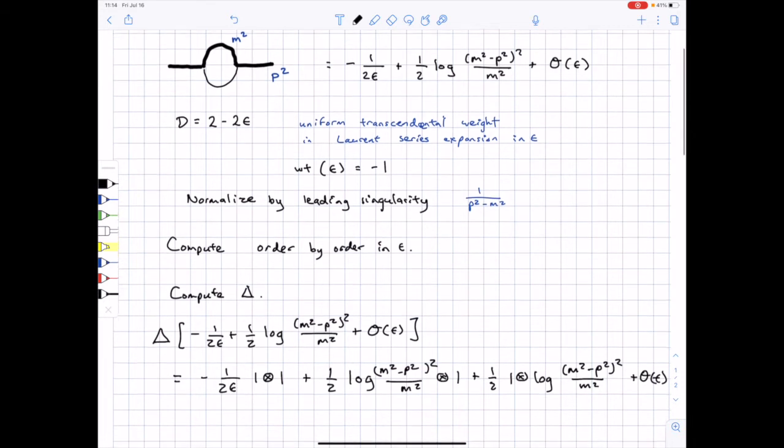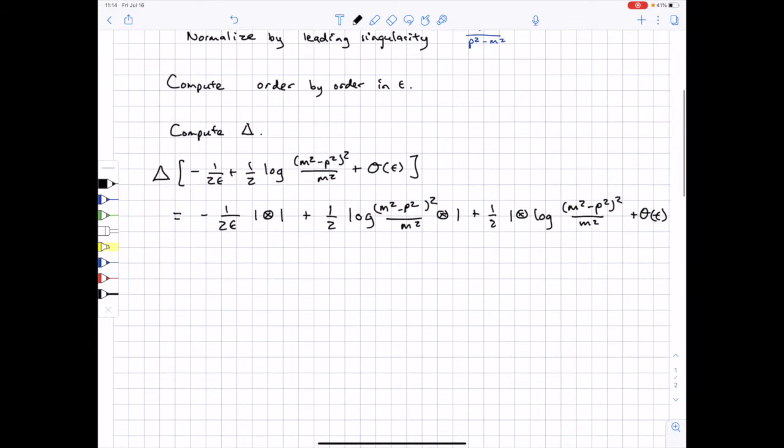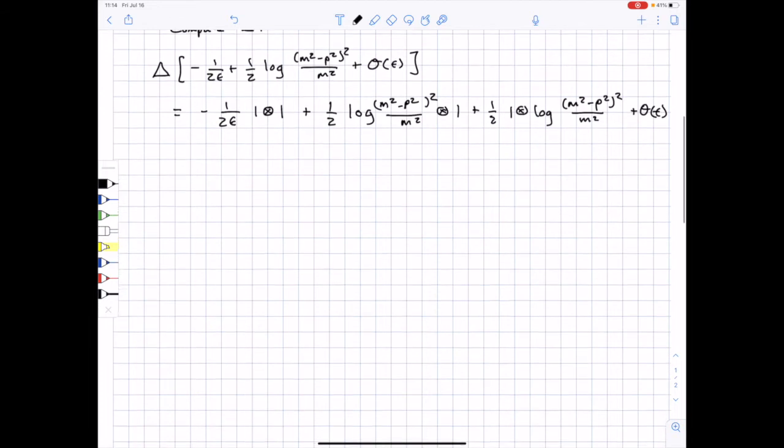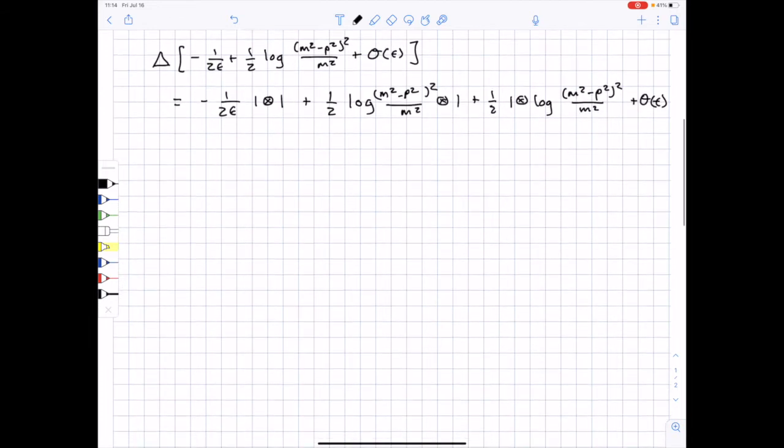And now what we're going to explore is the idea that this expression, this coaction acting on the Feynman integral in its evaluated form, can be re-expressed in terms of Feynman integrals. So we'll see this actually turns out to reproduce a set of Feynman diagrams on the right-hand side.